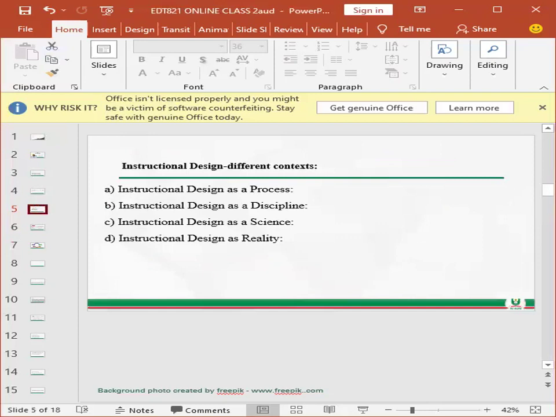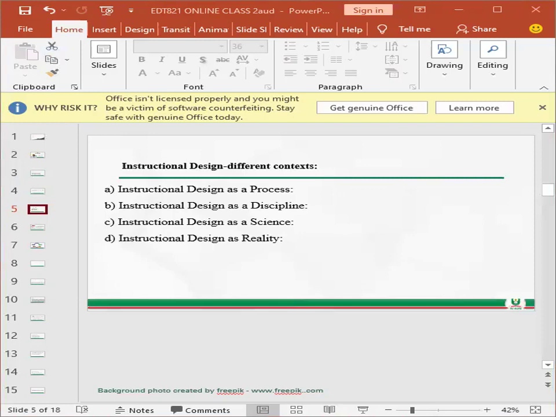Instructional design as a process is the systematic development of instructional specification using learning and instructional theory in order to ensure the quality of instruction.